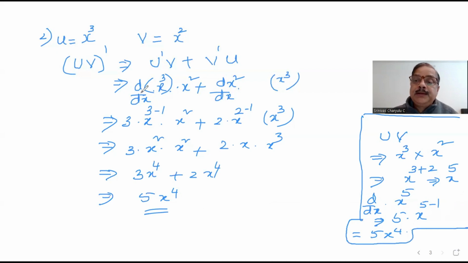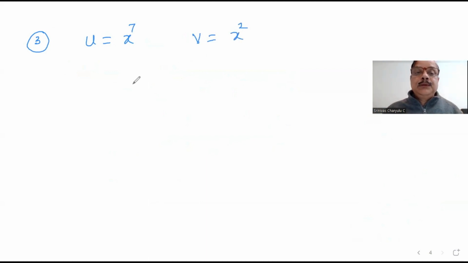But we are now applying the rule for the simple sum so that we will get to know the rules clearly, because these are useful in complex problems. Let us go to the next, the division rule. Let us say u is equal to x to the power of 7, and v is equal to x to the power of 2.